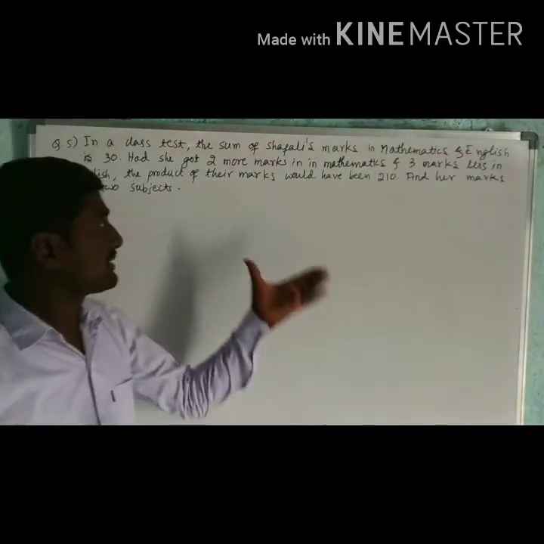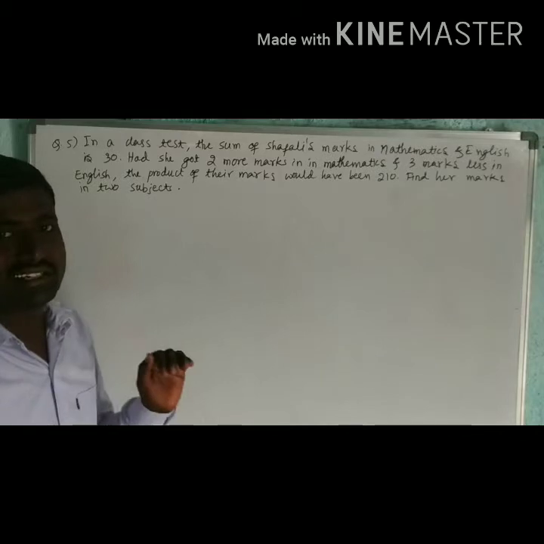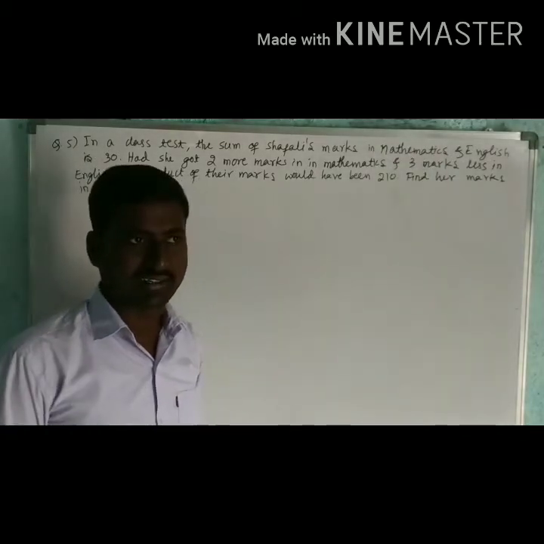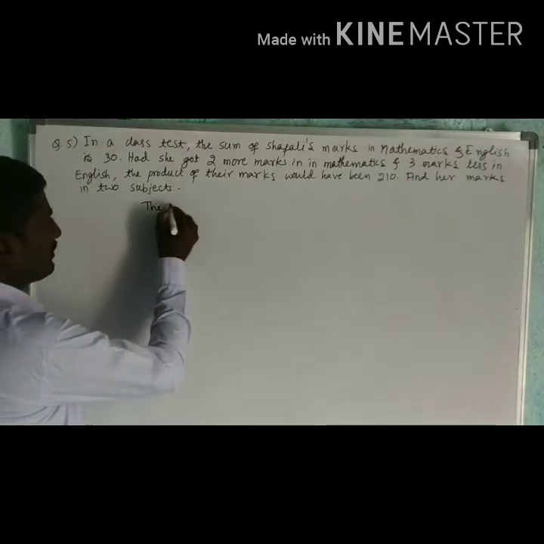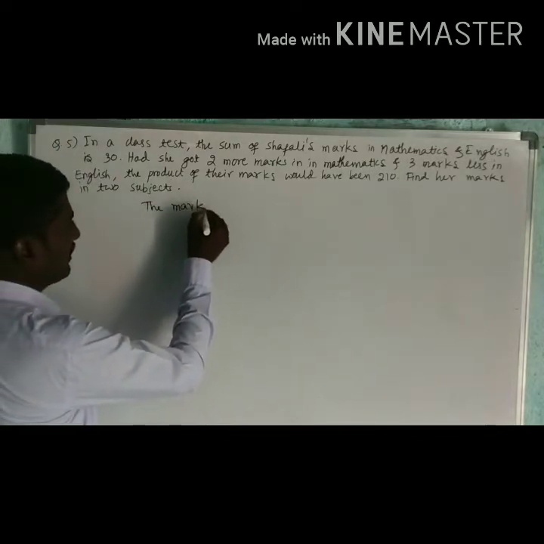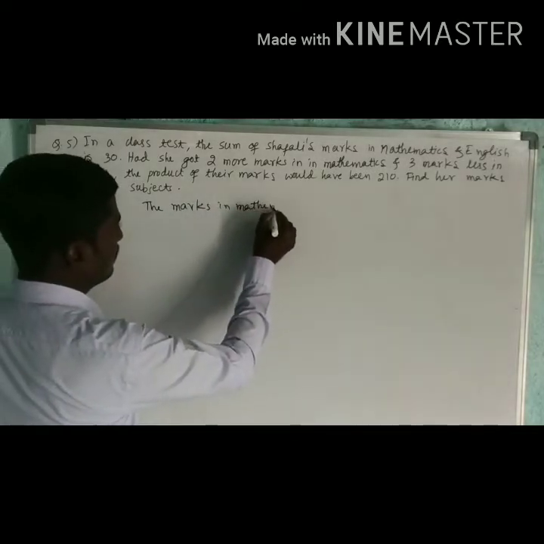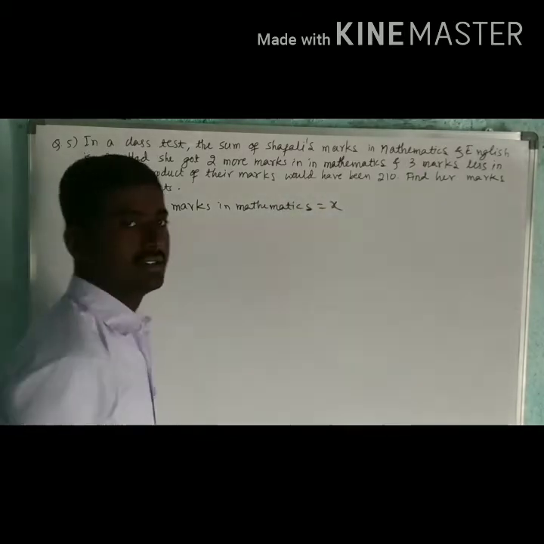So let us solve the same question by using the concept of quadratic equation. How can we solve? The sum of their marks, mathematics and English marks, is 30. I will take the marks in mathematics as x.